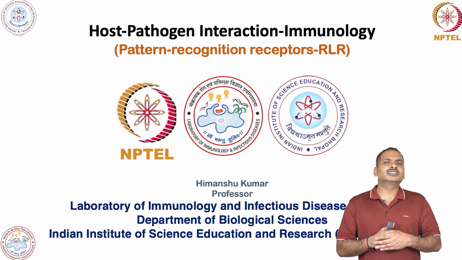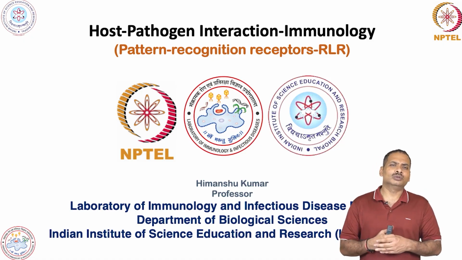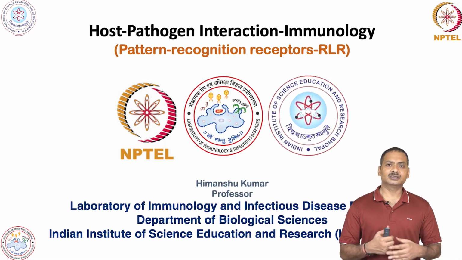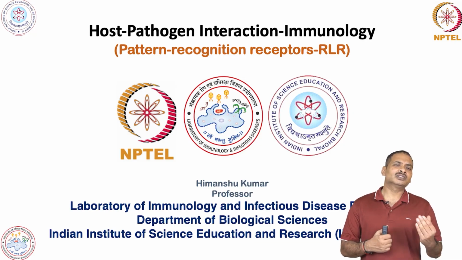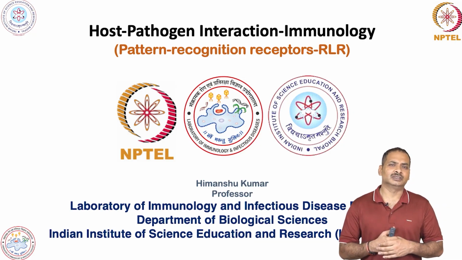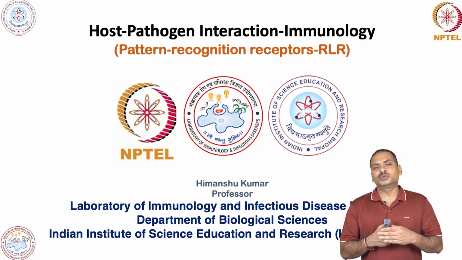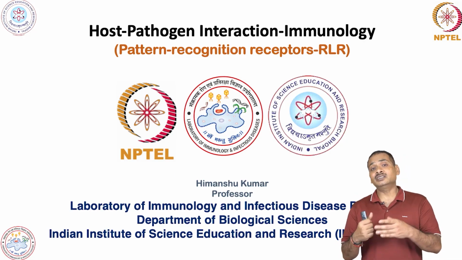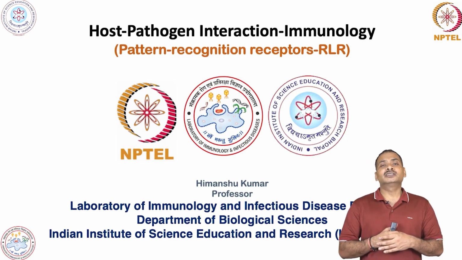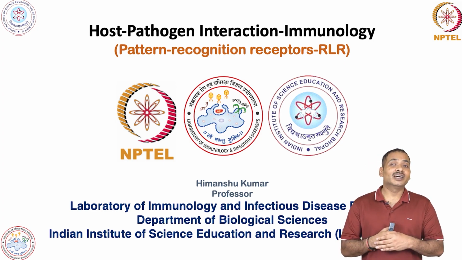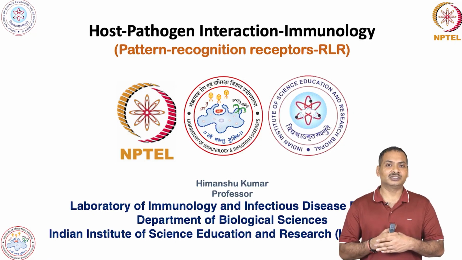So, there was a discovery of some molecules before the discovery of RLR. These molecules are protein kinase, okay. If you remember, there are some interferon inducible genes, okay. Among these interferon inducible genes, one is protein kinase, and another, if you remember, is the 2' 5' oligoadenylate synthase enzyme, okay.